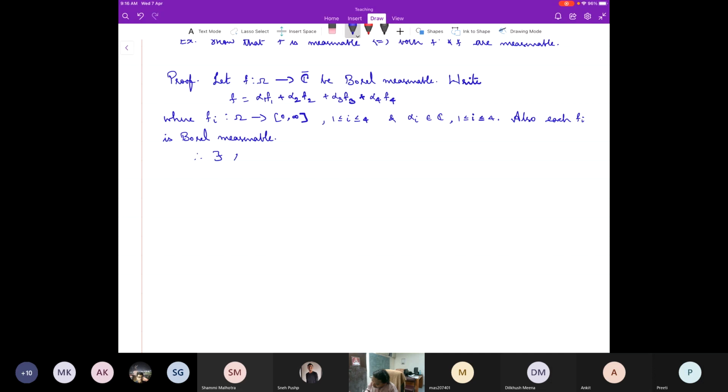Therefore, there exist sequences fn,i, n in N, for 1 less than or equal to i less than or equal to 4, such that fn,i converges to fi pointwise for each 1 less than or equal to i less than or equal to 4.